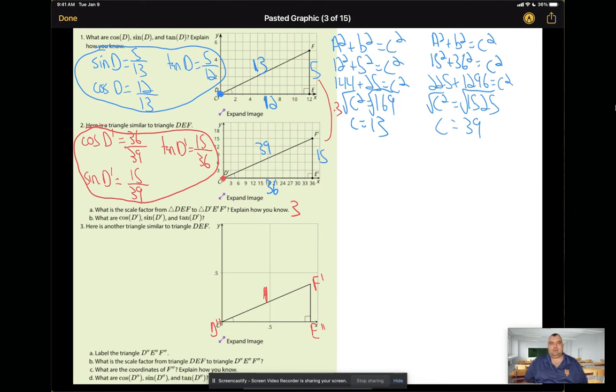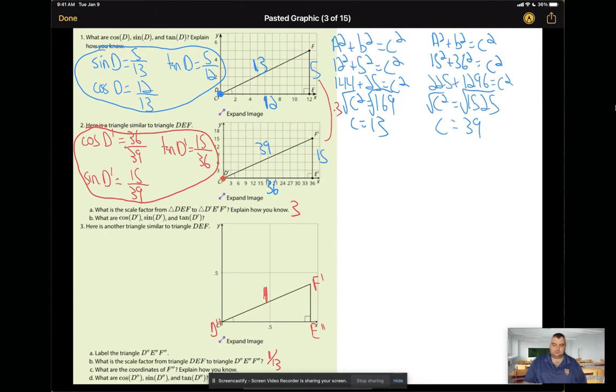Well, dividing by 13 is the same as multiplying by 1/13. So what is the scale factor from DEF to D double prime, E double prime, F double prime? The scale factor is 1/13.